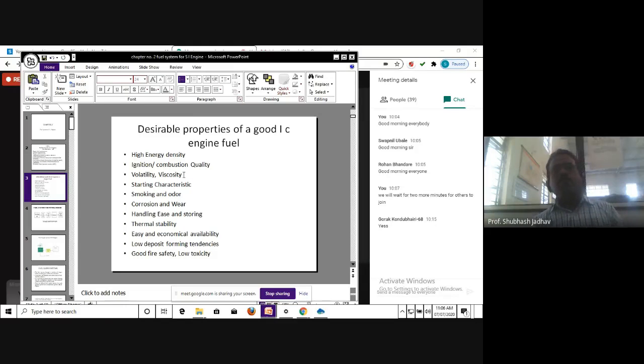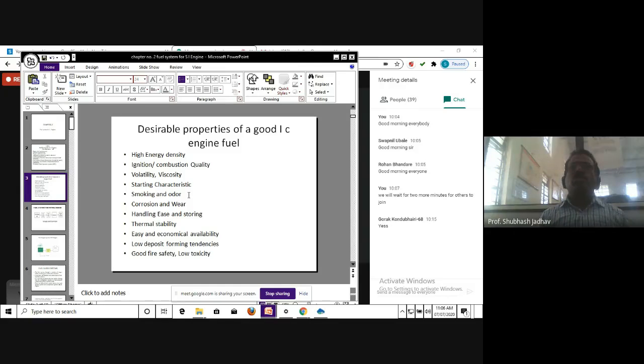Viscosity: we can make it flow from one container to another if the viscosity is lower. If the viscosity is higher, it will be difficult to transfer. Starting characteristics: initiation of burning has to be easy, because we want to burn it in a very short amount of time.